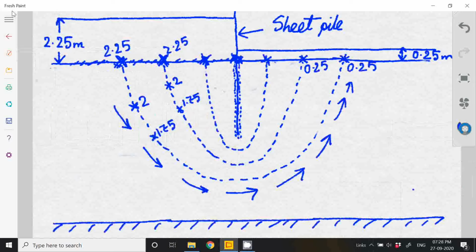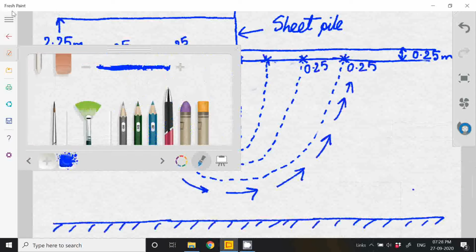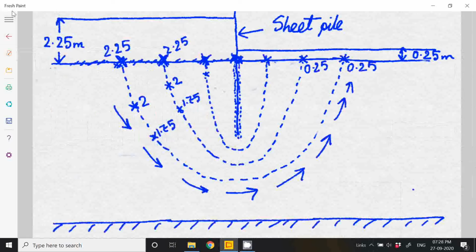So now, let me just give you some additional detail here. Also, suppose for this particle, here it is 2, here it is 1.75, like this it will go. Suppose here it is 2, and it goes like this.